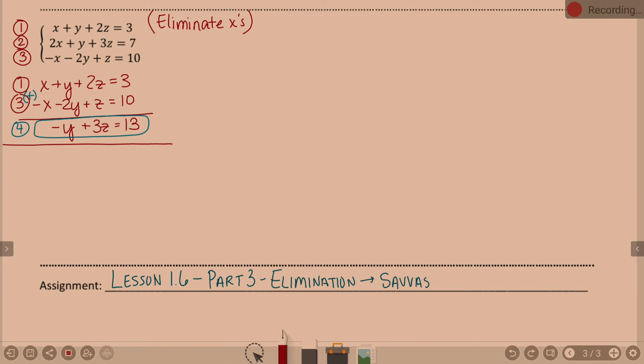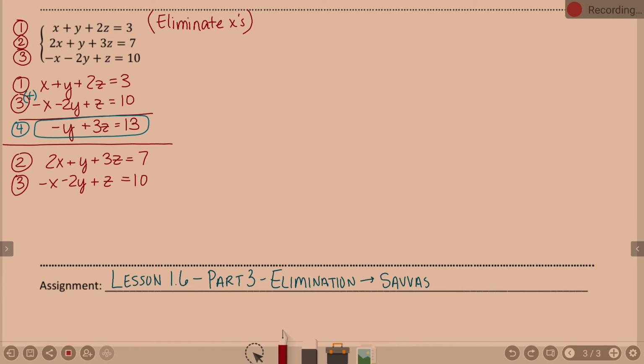So I'm going to write them down and then I'll do the math here. So 2 is 2x plus y plus 3z equals 7. 3 is negative x minus 2y plus z equals 10.